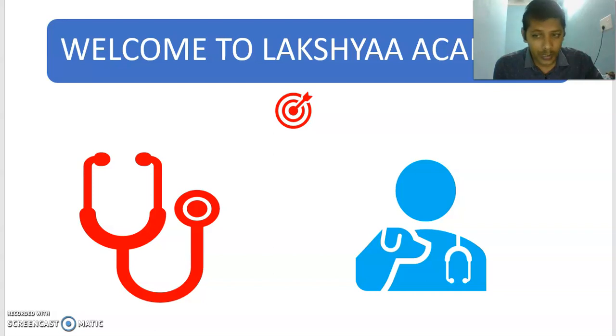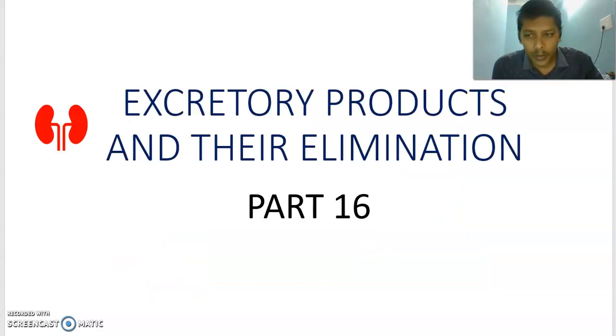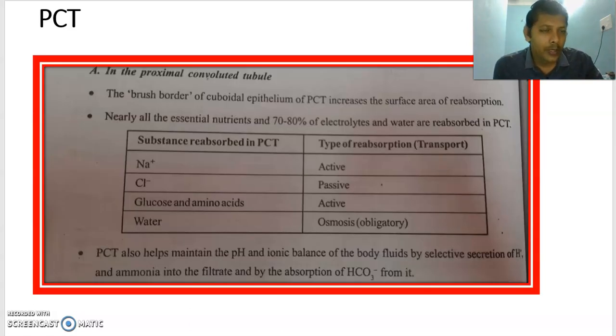This is the 16th part of excretory products and their elimination. In this part, we are going to learn reabsorption and secretion in the DCT, distal convoluted tubule, and the collecting duct. In the previous two parts, we learned reabsorption and secretion in the PCT as well as in the descending limb of Henle's loop.